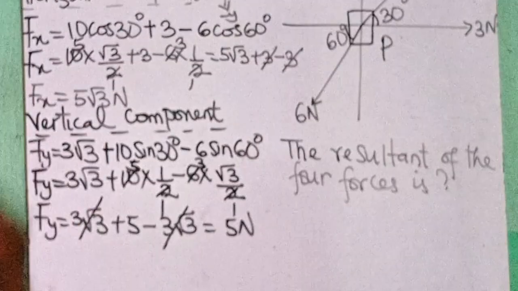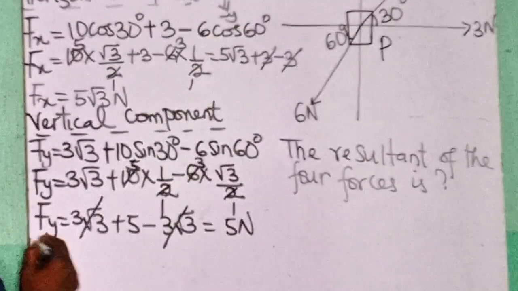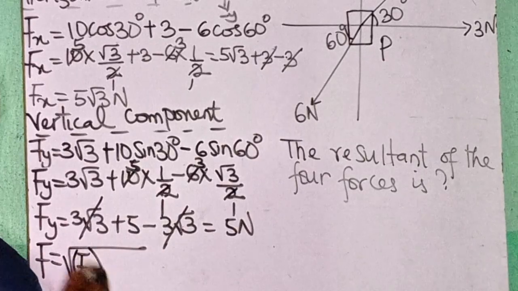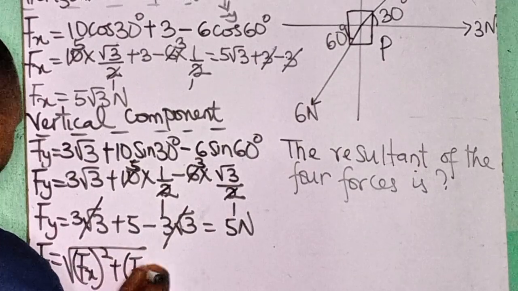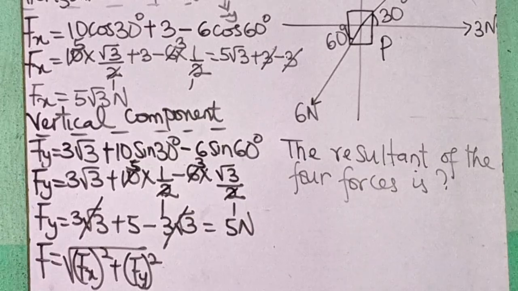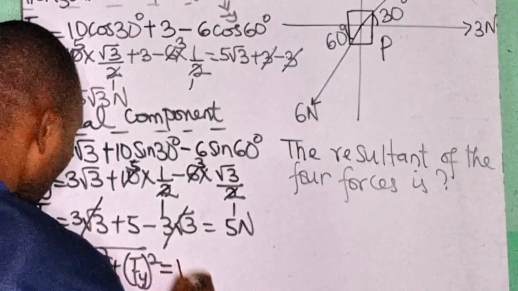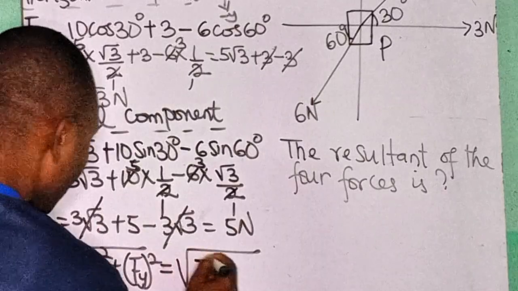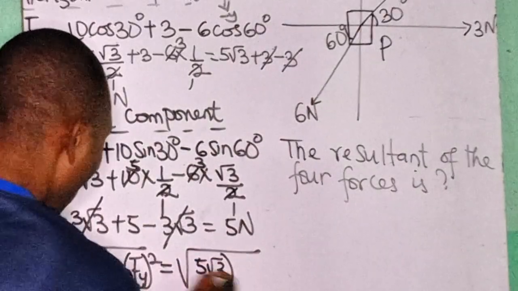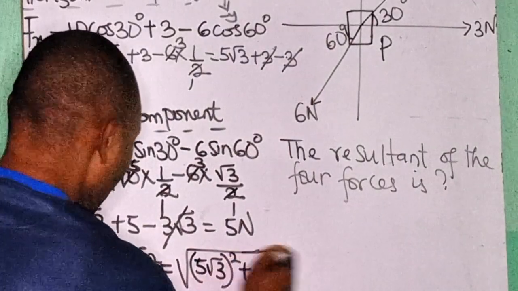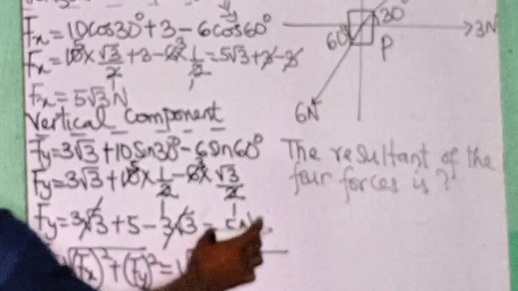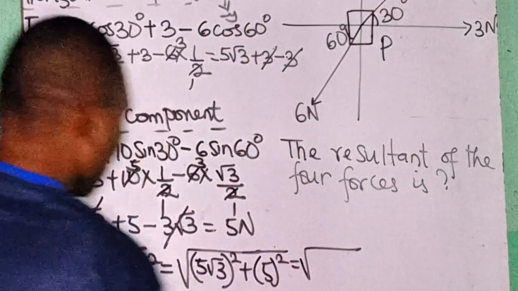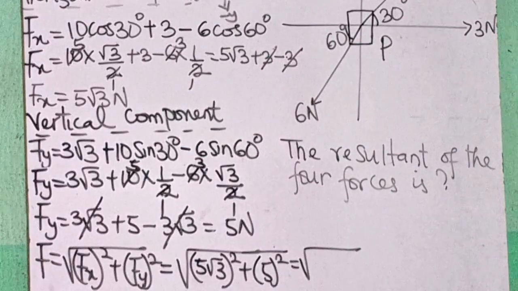So at the end of the day, let us get our resultant. F equals the square root of Fx squared plus Fy squared. Fx is 5√3 and Fy is 5, so F equals the square root of (5√3) squared plus 5 squared.